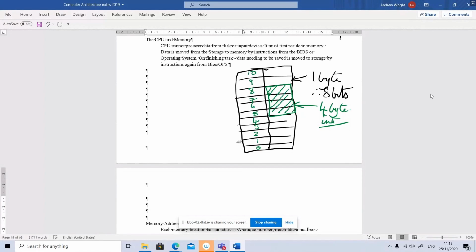So if we wanted to get this piece of data out of the memory, we would say, can we have the integer at address 5? We would need the 5 and we would know how many address spaces to take out. It's as simple as that.